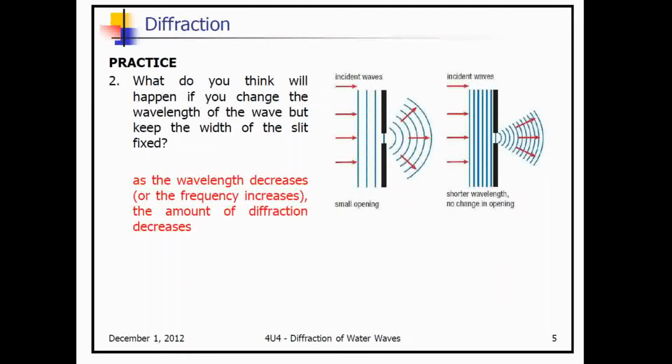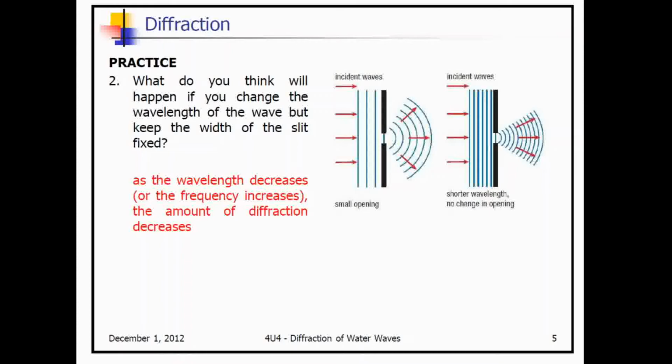Next question: what do you think will happen if we change the wavelength of the wave, but we keep the width of the slit fixed? Now our wavelength can be represented by the spacing of the wave fronts that we see.